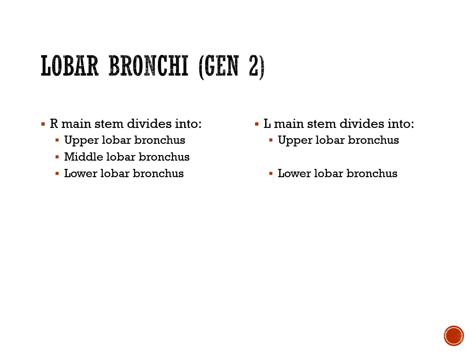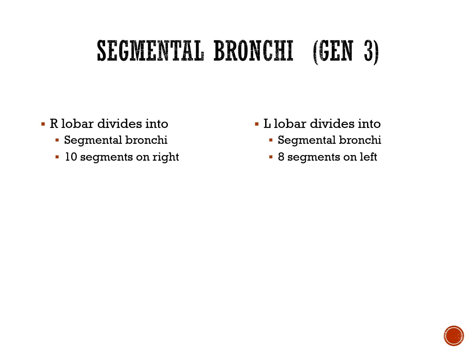Here are the characteristics of generation 2, or lobar bronchi. The right lobar divides into 10 segments on the right, and the left lobar divides into 8 segmental bronchi. Please note that for transbronchial lung biopsy, the approach is either through the lobar or through the segmental bronchi.